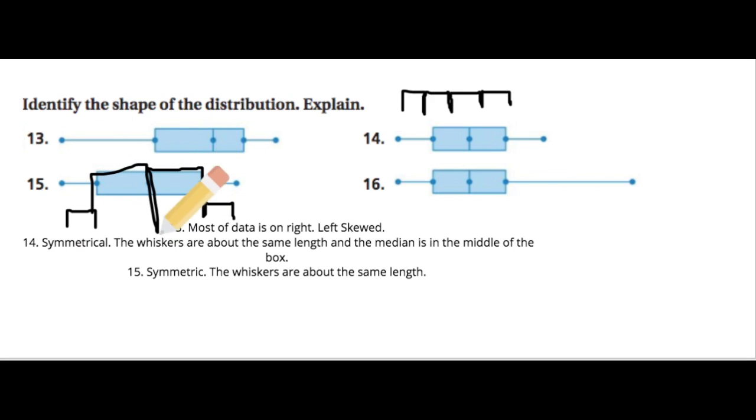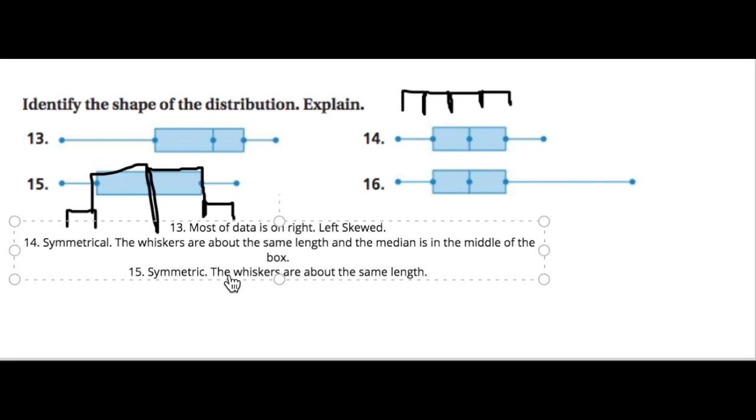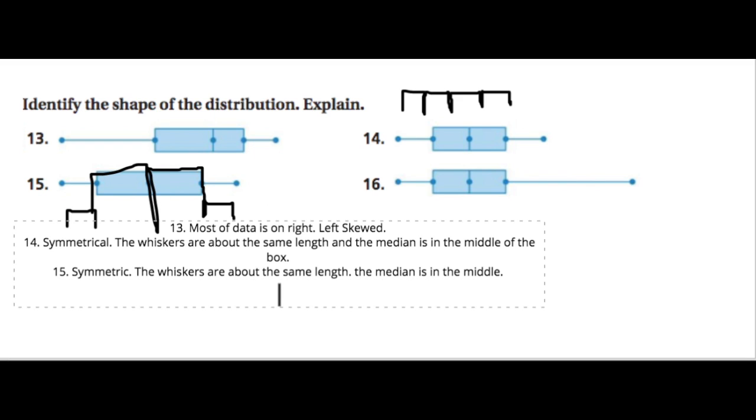As long as the left is equal to the right, these are symmetrical. My reason is just a little bit different. So I could say it's symmetric, the whiskers are about the same length, and the median is in the middle, meaning from here to here is the same length as from here to here. All right, let's look at number 16, our last one.